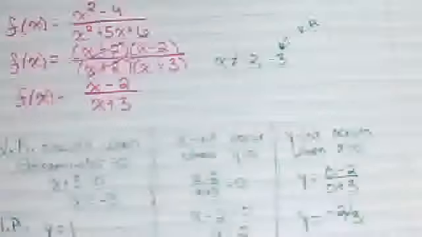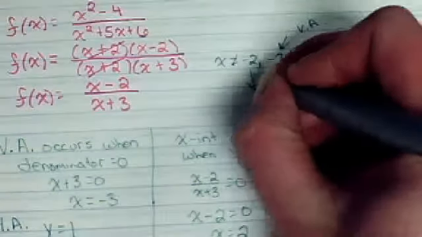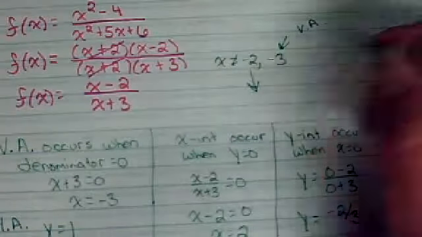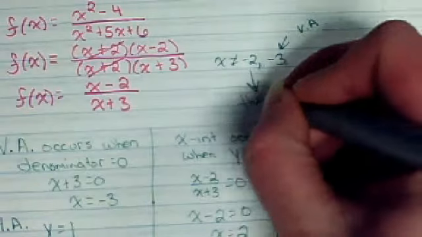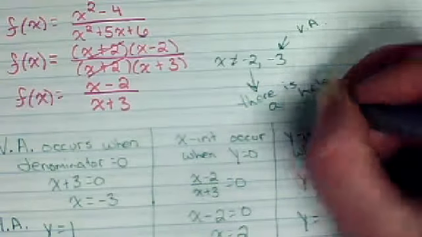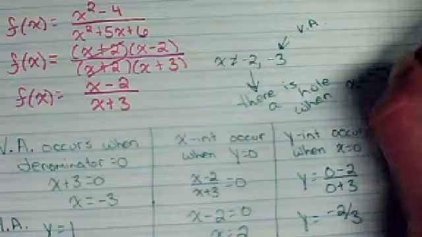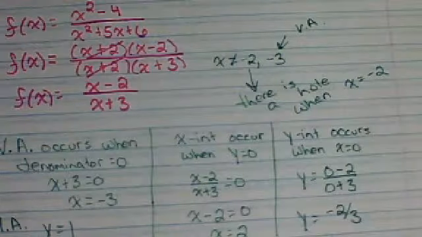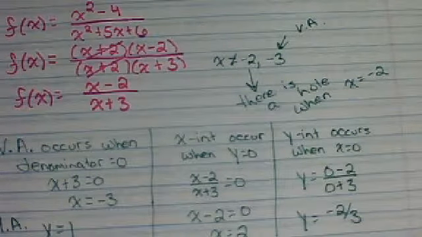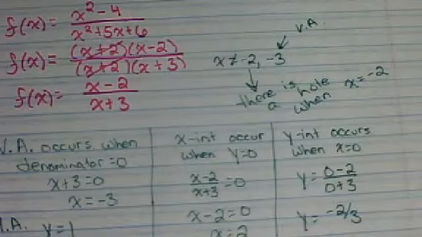What actually happens on the graph is you get, for lack of a better word, a hole. There is a hole when x is negative 2. So when those factors divide out, we get a hole in our graph.